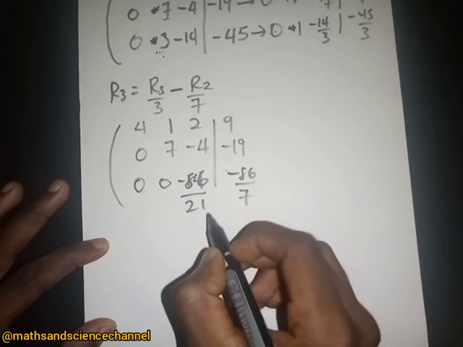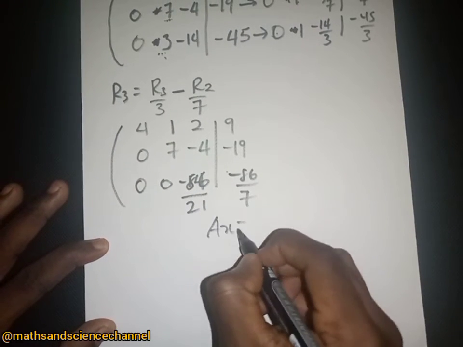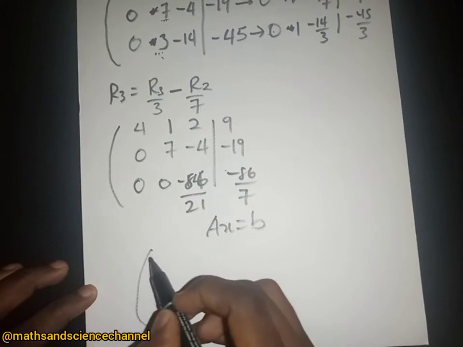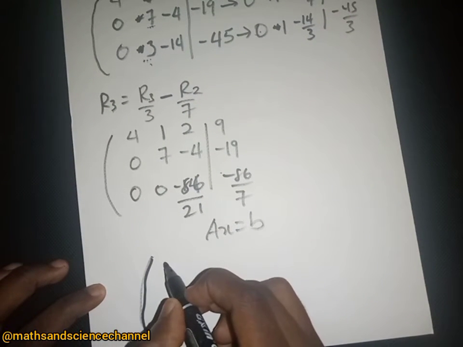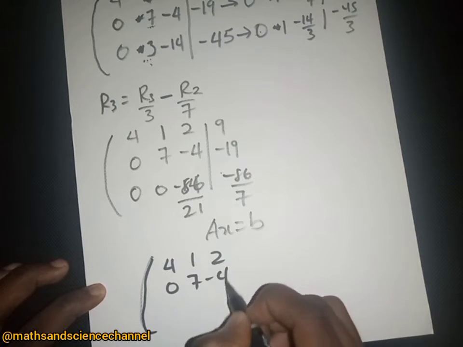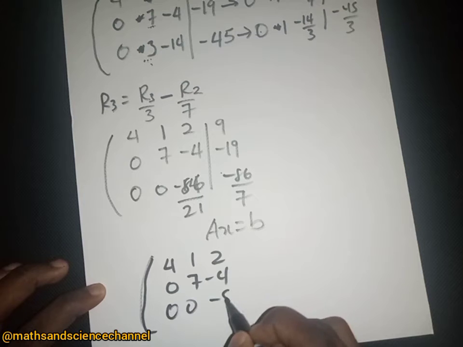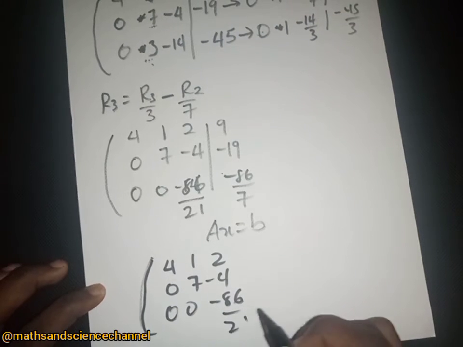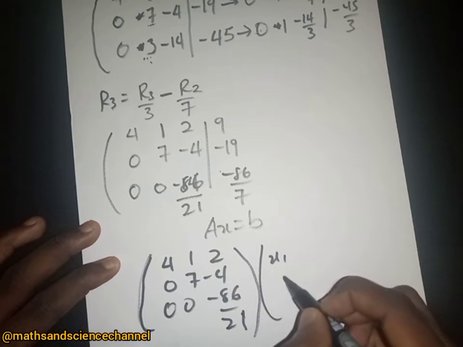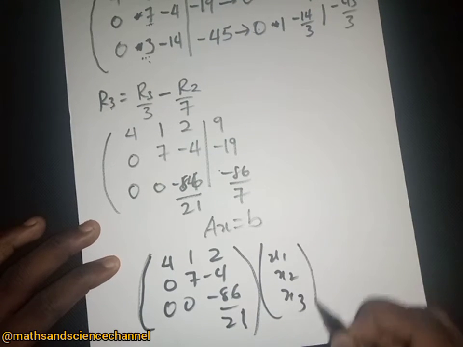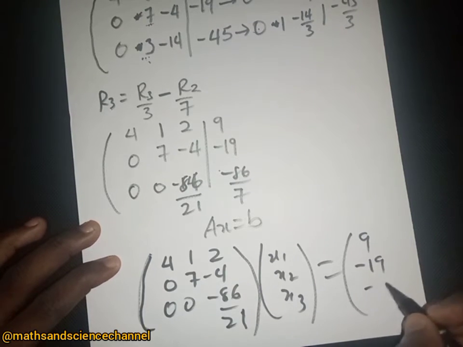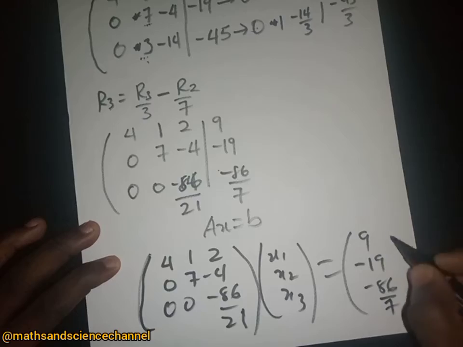And from here, what we are going to do is we have AX equal to B. So we know A here is just 4 1 2, 0 7 -4, 0 0 -86 over 21, and multiplying that by x1, x2, x3 here being equal to B, and B is just 9, -19, -86 here divided by 7.